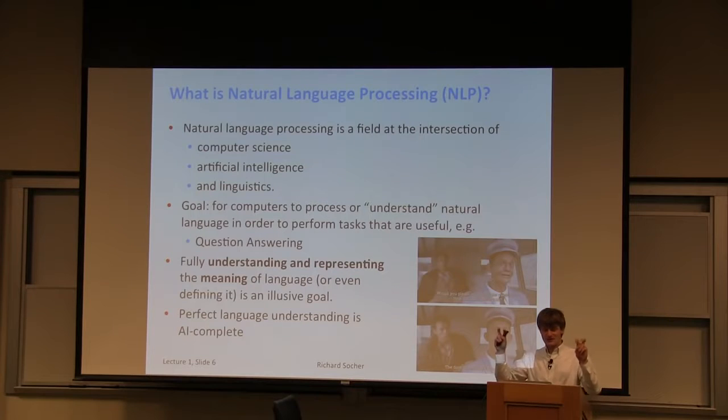So I will stop using the scare quotes throughout the lecture, but it's something to keep in mind. Really, perfect language understanding is kind of AI complete in the sense that it's inextricably linked to thought, and we don't really have a great way to represent all kinds of thoughts in a computer in all their fuzziness and concreteness and logical ways and so on.